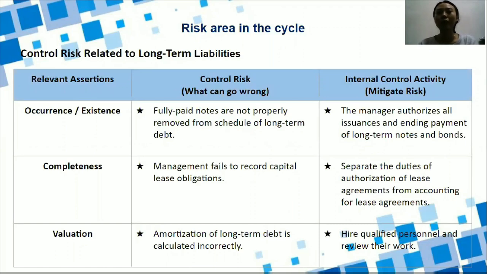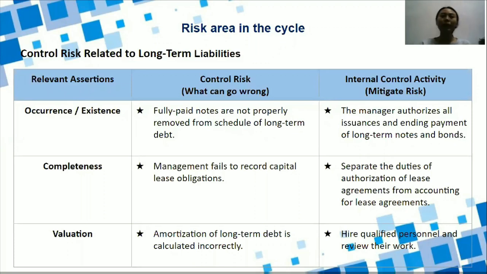It's still there, the recording is still there, as if the transaction still happens. What the management can do is authorize all issuance and ending payment of long-term notes and bonds. The managers need to authorize and also monitor all the transactions.